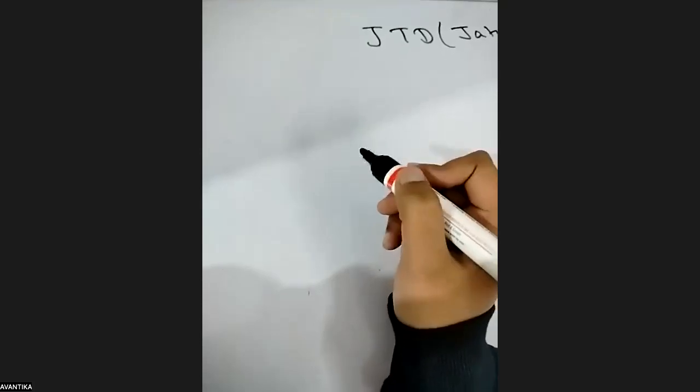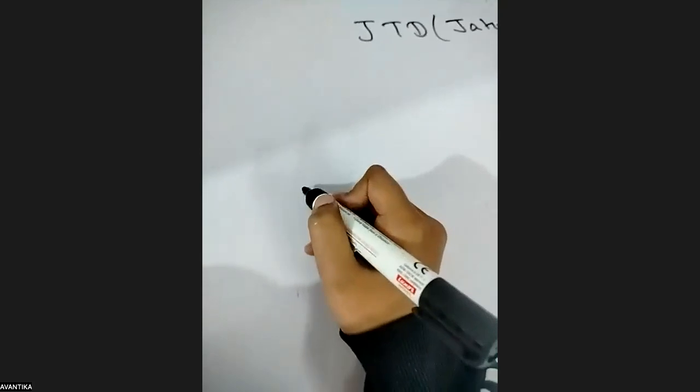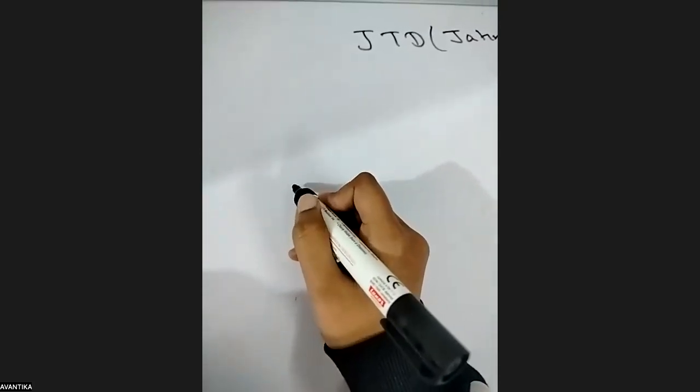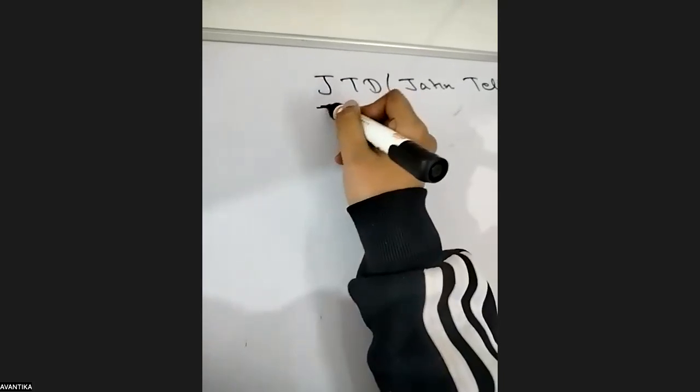First of all, Jahn-Teller distortion occurs to remove electronic degeneracy.